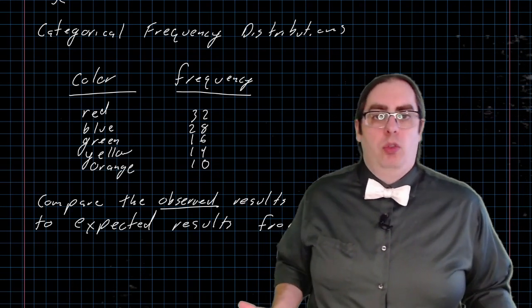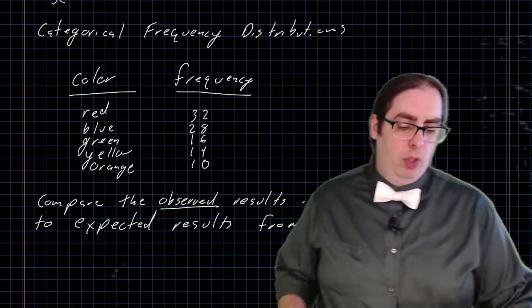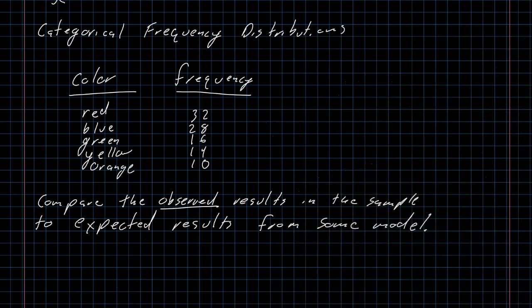Maybe we are given those in a percentage table. We constructed a model before we started that said that we had 20% in all of the categories. Each category is equally weighted. That's one model. Or maybe we expected that things were mostly equally weighted, but red was slightly more popular and blue was slightly less popular.